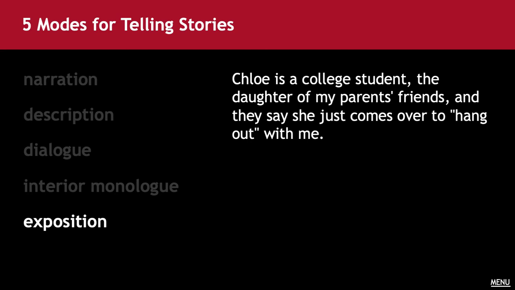So the example is, Chloe is a college student, the daughter of my parents' friends, and they say she just comes over to hang out with me. So in the past, instead of saying she comes over to babysit, they say hang out, which makes it seem like it's not babysitting to Bree, although she knows that that is exactly what it is.